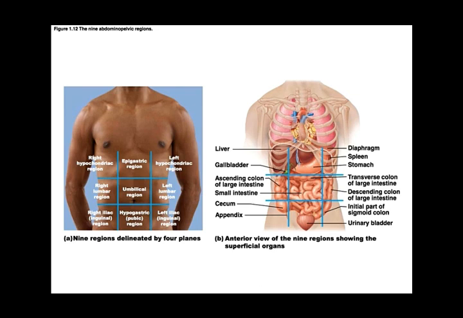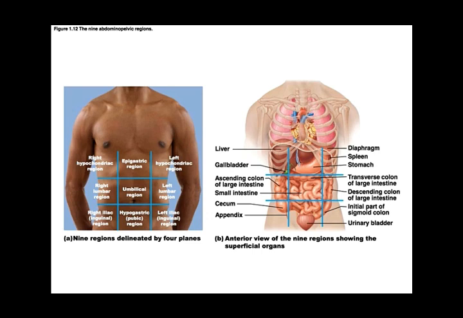In the right lumbar region, you can see the ascending colon of the large intestine. In the right iliac or inguinal region, your cecum and the appendix are located. In the epigastric region, you can clearly see mostly your stomach and some part of your liver.